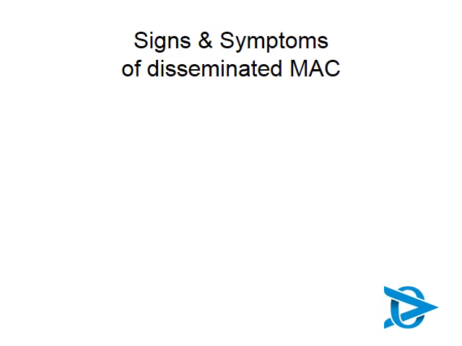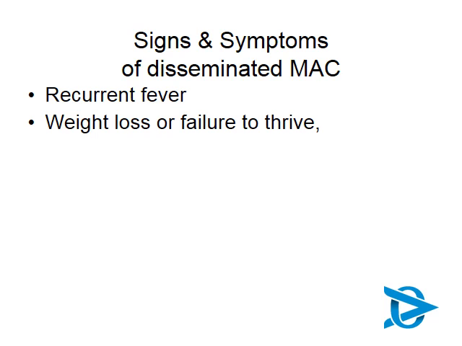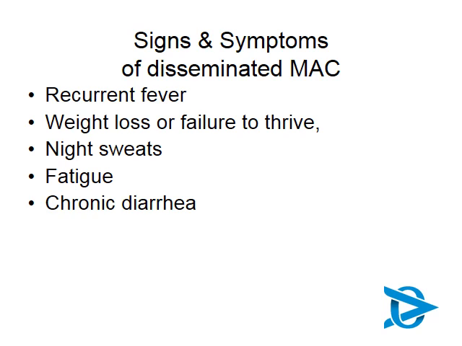So what kinds of things do we expect to see that will make us suspect disseminated MAC? And this is very difficult. You'll see it's all the symptoms of many of our disseminated illnesses, particularly TB. But you'll have recurrent fever, weight loss, failure to thrive. They can have night sweats, fatigue, and commonly chronic diarrhea.